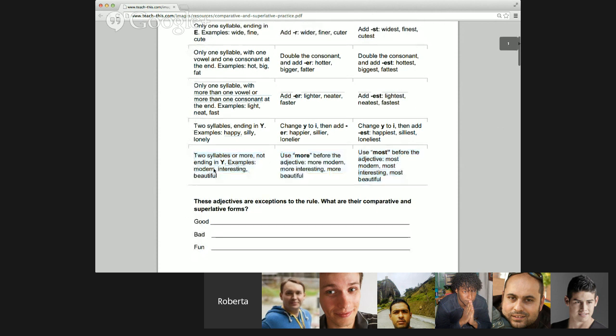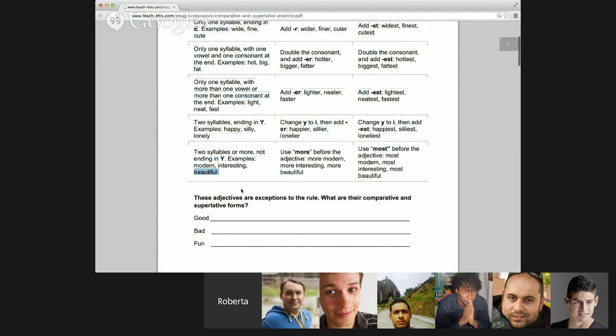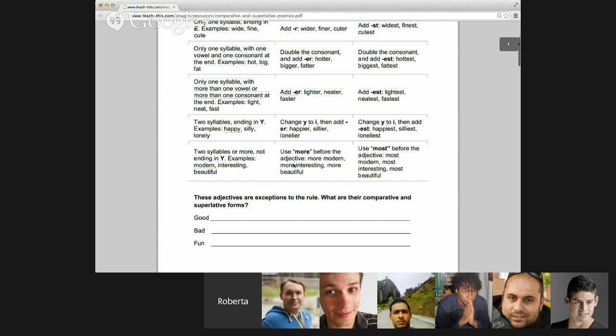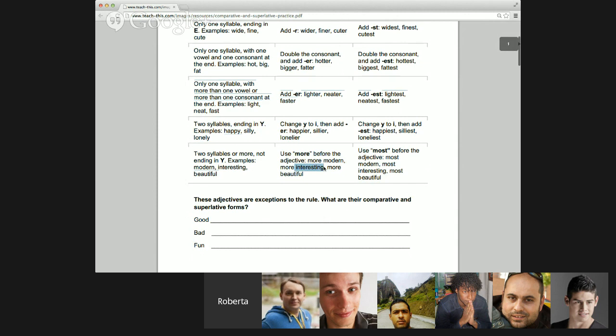Okay, so two syllables or more. If the word is like modern, that has two syllables. If it's like interesting, that has four syllables, actually. And then we have beautiful, that has more than two syllables. You use more before the adjective. So you would say something like more modern. Okay, we don't say moderner. We don't say interestinger.